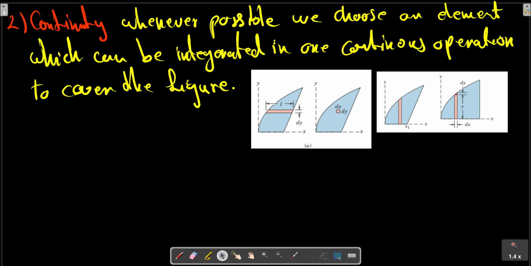In this picture, the horizontal element is preferable to the vertical element, which if used would require two separate integrals because of the discontinuity in the expression of the height of the strip at x equals x1.